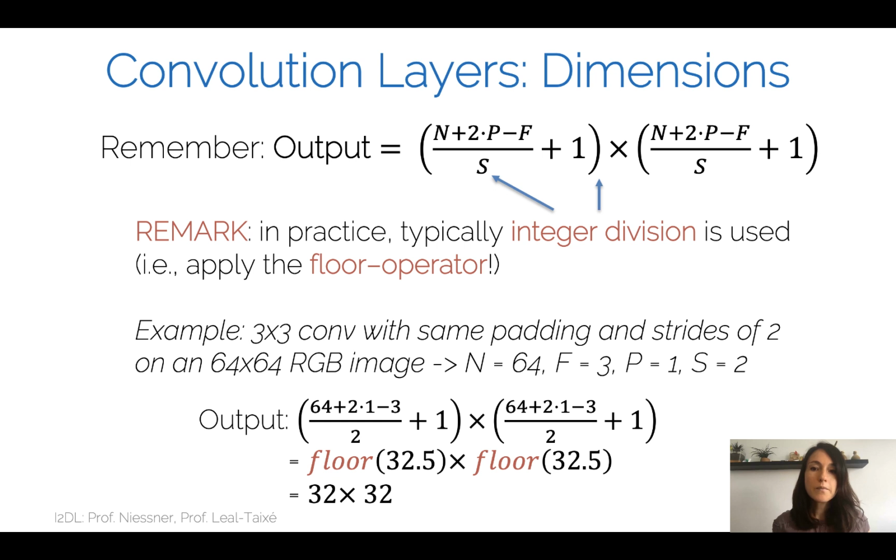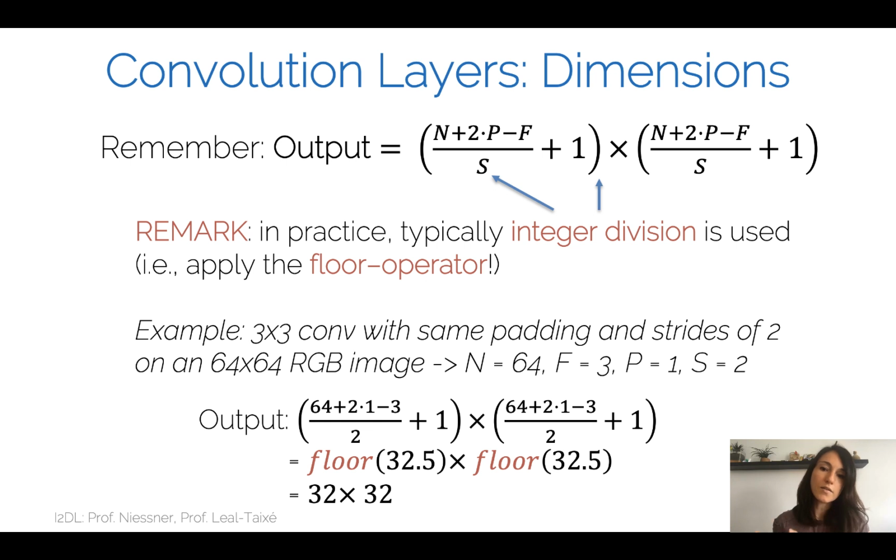Now remember how the output is computed, but also remember that in practice, integer division is used, and you therefore have to apply the floor operator. So let's look at this example in which we have a 3 by 3 convolution with padding being applied.